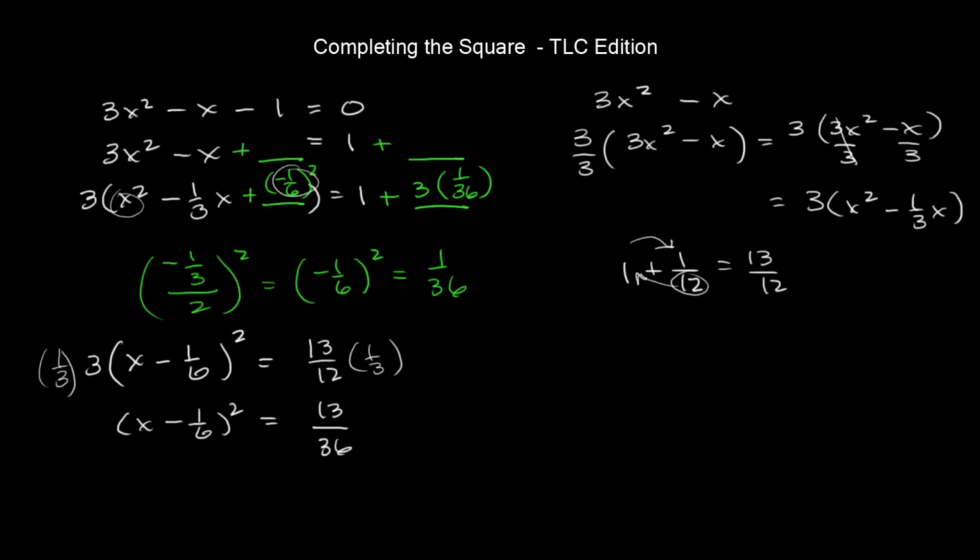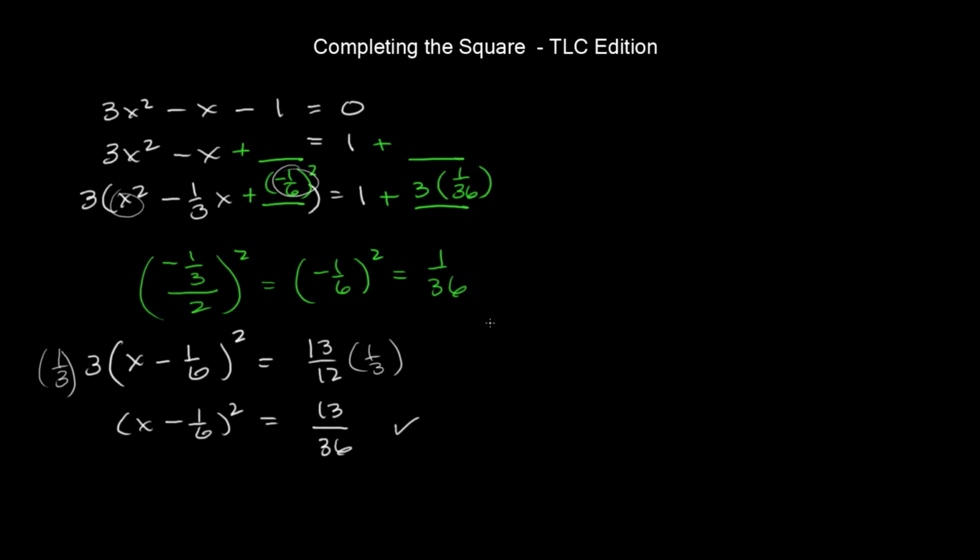So now, what we're going to do is take the square root of both sides. I'm going to make a little bit of space and continue on the second side of this page. And I'm going to copy this line over again. And now when I take the square root, this is what I get.